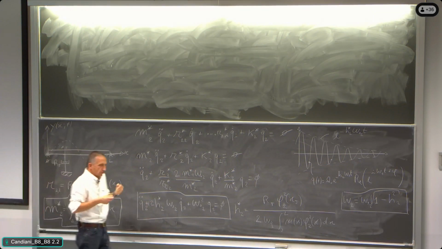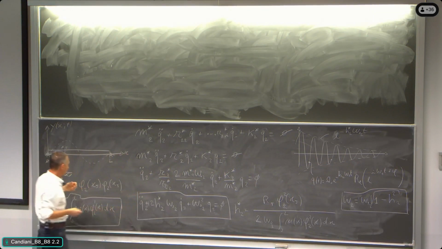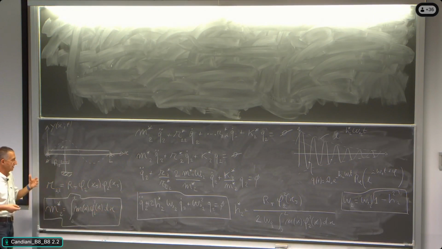But we also know that, because of the fact that there is a virtual work of this damper also on the displacement of the other modes, this virtual work is not null.